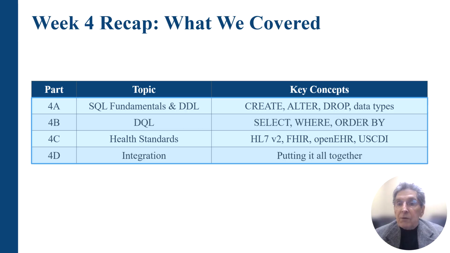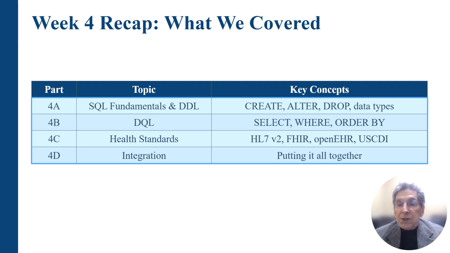Part C covered health standards. You traced HL7's evolution from its onset in 1987 all the way up through today. And you learned about V2, segment-based messaging, that still handles 95% of healthcare communications. You explored FHIR with its resources, its REST APIs, and its JSON format.